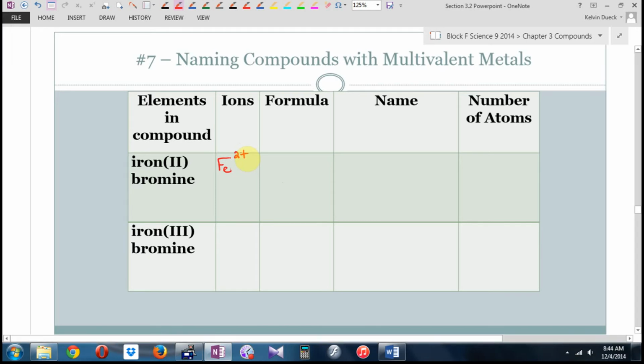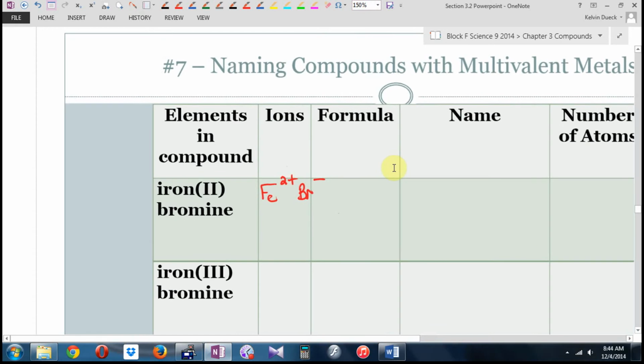What's bromine? It's Fe2+, right? Iron is Fe? What's bromine's charge? Br minus. So now we can crisscross.